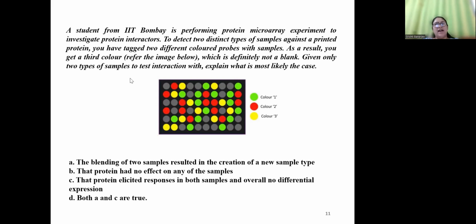So what happens is, suppose you have a chip like this, which is actually a slide. It looks like a slide. And in different locations, you have sequences here. Now you want to detect that, and you have a diseased blood sample. You want to detect which particular gene is expressed or which particular gene is present more in case of the disease.